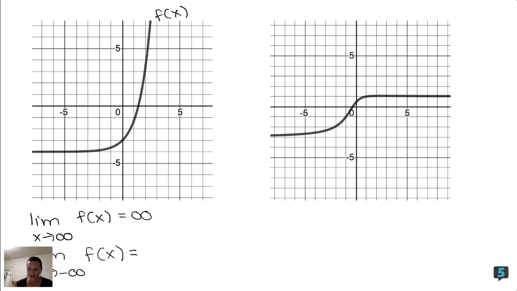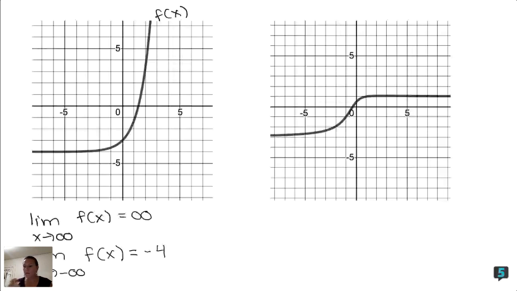So as my x values get larger and larger in the negative direction, this function f of x is actually going to -4. It's important to realize that there are functions that are not going to do the same thing as their x values increase versus when their x values decrease.